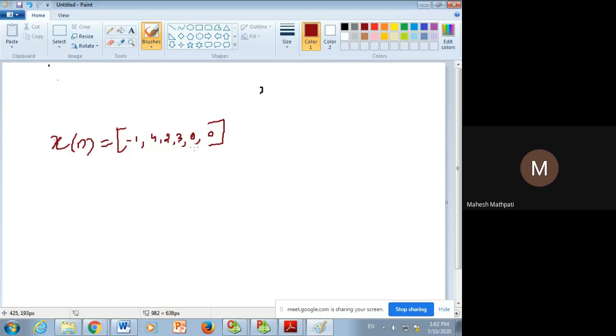Okay. And the DFT they have given is W3 to the power 2k. Can anyone tell me what is the value of N here? What is the value of N? 6.